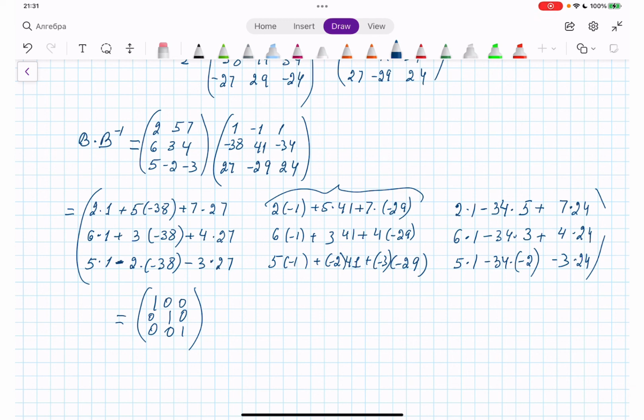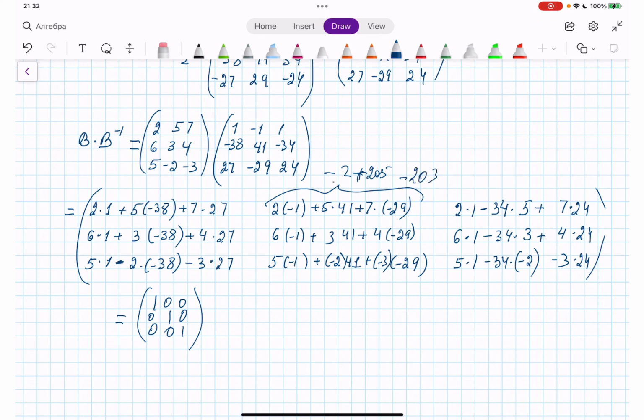So negative 2 plus 41 times 5, it's going to be 205, and then minus 7 times 29, it's going to be 203.